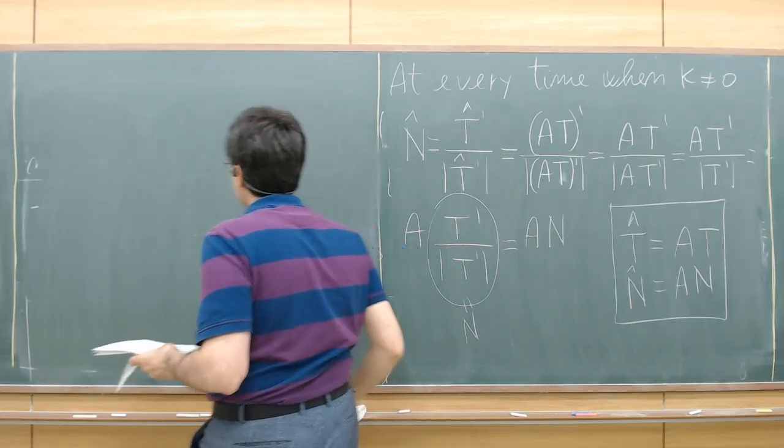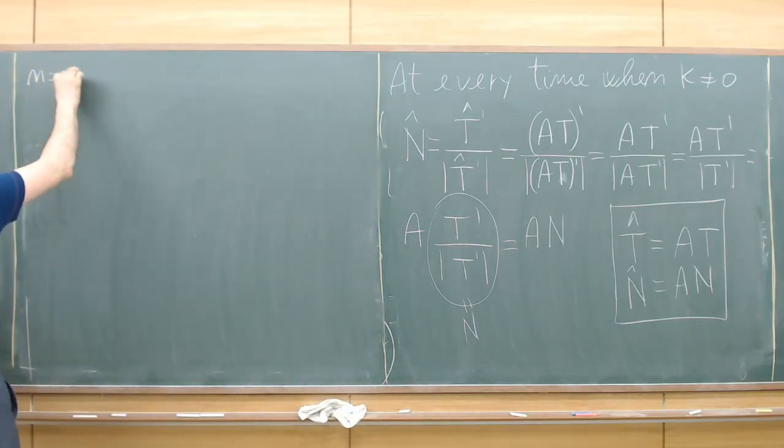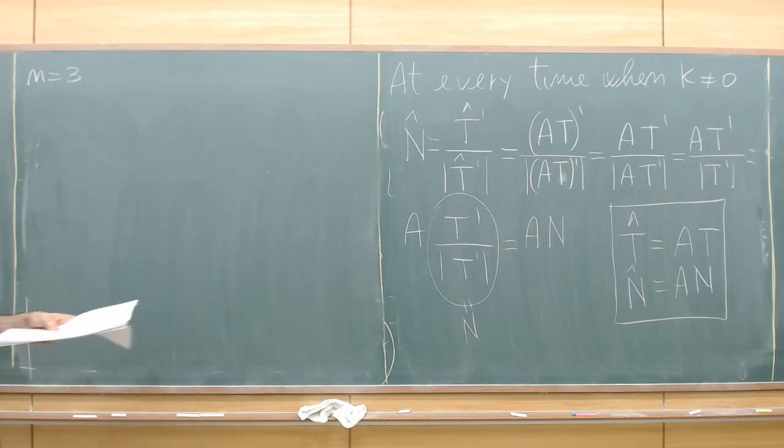Okay, from now on we assume n equals 3, so we work with a space curve.